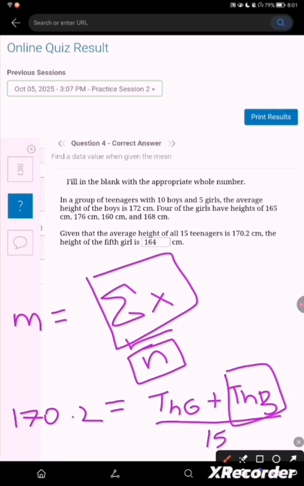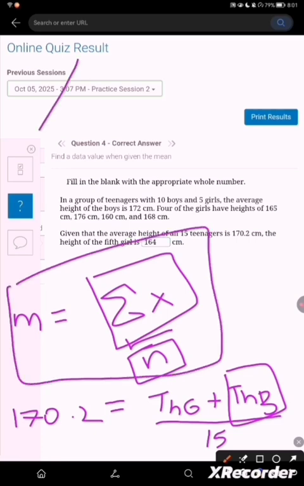Now let me show you how you can do it. If your equation looks something like this, if you put it in one of those calculation triangles, it's going to look something like this. Here's your mean and the number.